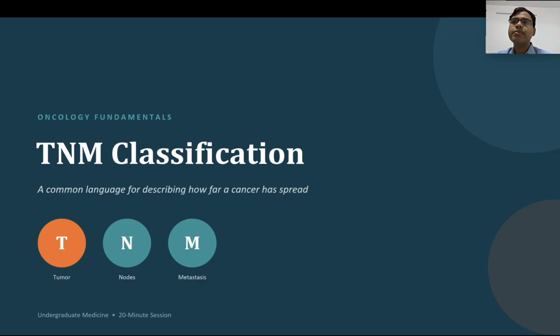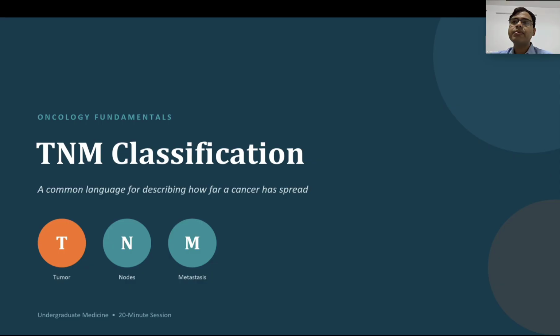Now you also know that the stage of a cancer starts right from stage 0, and goes all the way from 1, 2, 3, and 4. Stage 4 and stage 0 are not very important for you, because stage 0 is a condition where the disease has barely set in, means it has only started originating, and it has not achieved that cancerous and virulent form.